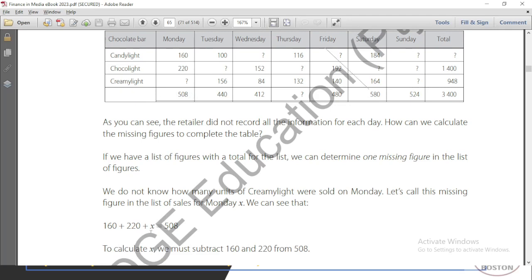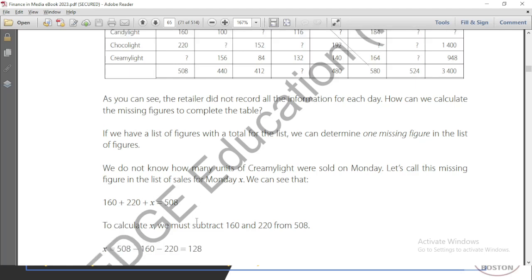When we solve for x, x equals 508, and the others are transferred to this side and become negative. So we have 508 minus 160 minus 220, meaning we are left with 128. Our x is 128. Therefore, creamy light chocolate sold is 128.